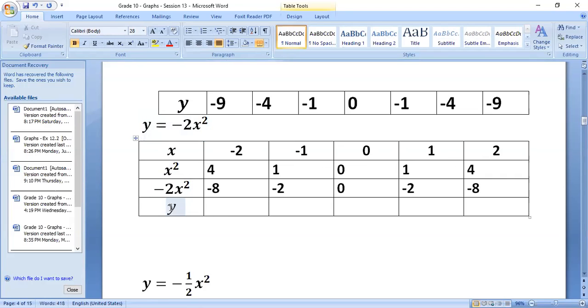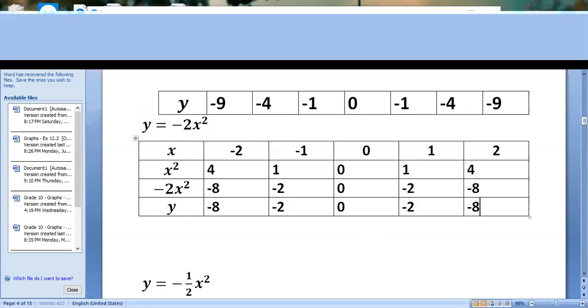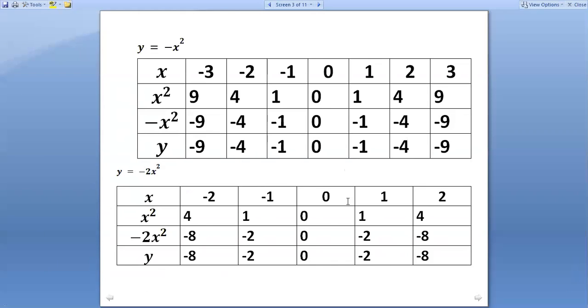Negative 2x squared, that means the value of y is equal to the value of negative 2x squared. When you complete this table, you will get a table like this. So the coordinate pairs of this graph will be negative 2, negative 8, negative 1, negative 2, 0, 0, 1, negative 2, and so on.